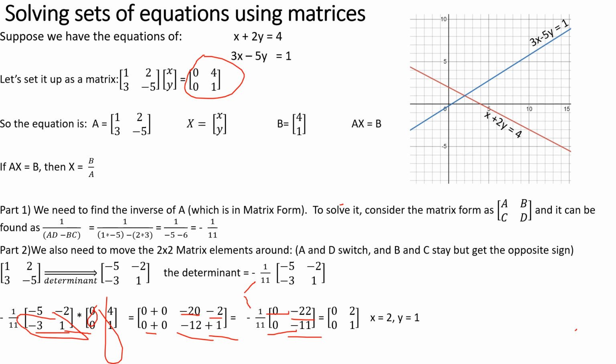Still got to multiply by the scalar out here, that determinant. Negative 1/11 times 0 is 0. Negative 1/11 times 0 is 0. Negative 1/11 times negative 22 is negative 22 over negative 11, which is 2. Negative 1/11 times negative 11 is 1. So look, I have my answer. My x is 2, my y is 1, as we solved before the traditional way.